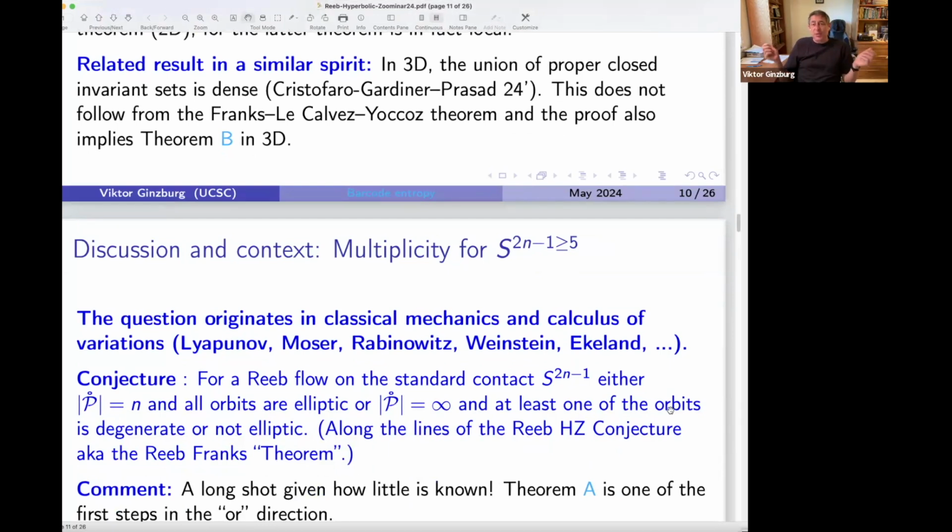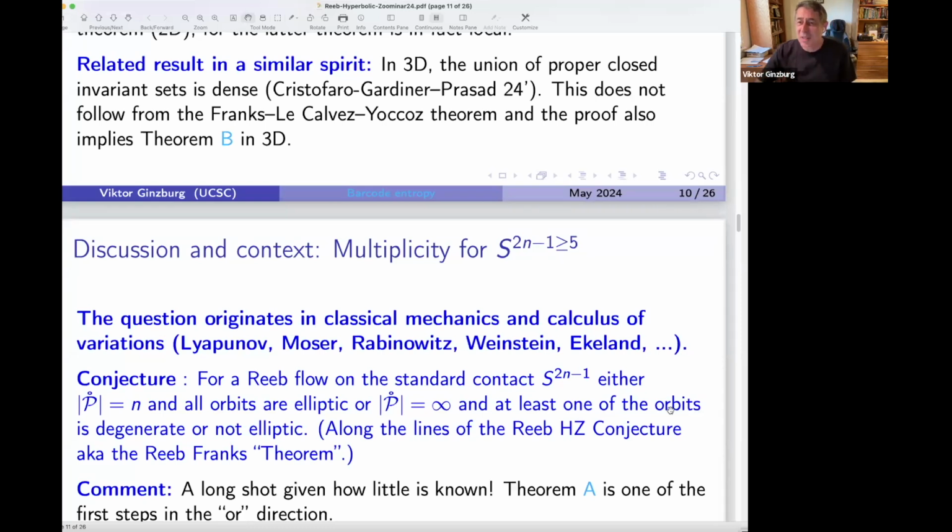It's based pretty much on the lack of knowledge rather than real knowledge, is that for any Reeb flow on the standard contact sphere, there are either exactly n simple orbits, and all orbits are elliptic, or infinitely many orbits, and at least one of the orbits is degenerate or not elliptic. So this would be the most straightforward generalization of Franks's theorem to Reeb flows, and at this moment it's totally out of reach.